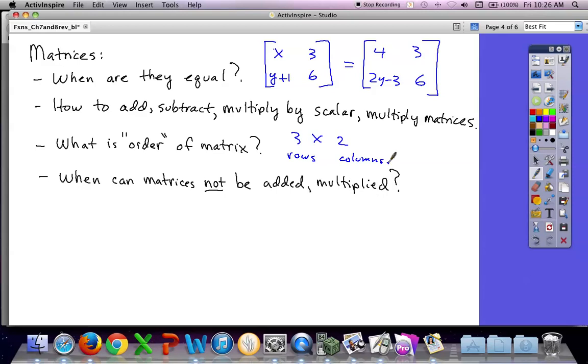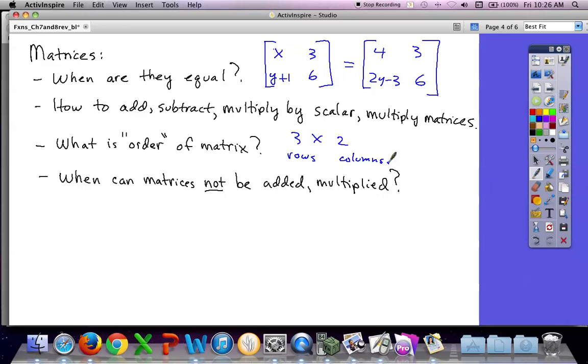Okay, and when is it that we can't add matrices? Now, I'm not talking about multiply. I'm saying what has to be true if you add matrices? They have to have the same order, right? They got to be exactly the same.